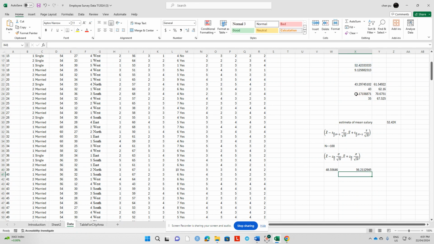This is the upper bound. So the confidence interval: the lower bound is 48.56 and the upper bound is 56.21. This is basically task 5.